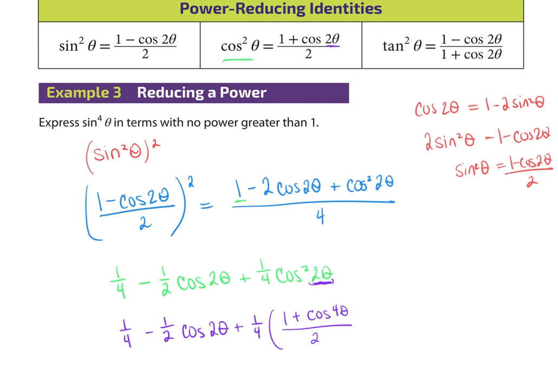All right. And then I can just simplify that, right? I'm going to do the same thing here, like 1/2 plus 1/2 cosine of 4 theta, like that. That way I can get my fractions together.